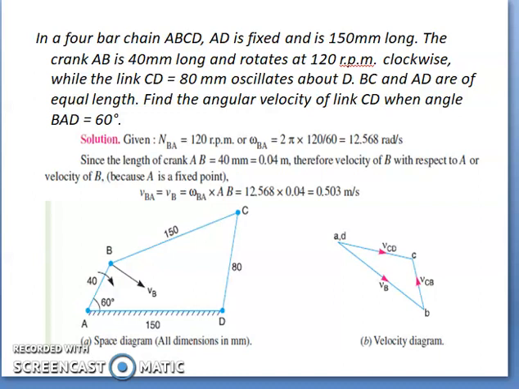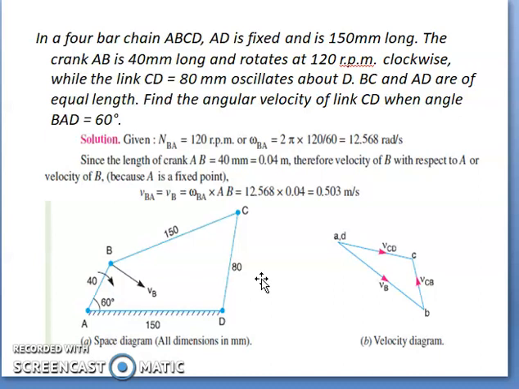In a 4-bar chain ABCD, AD is fixed and is 150 mm long. The crank AB is 40 mm long and rotates at 120 rpm clockwise, while the length CD is 80 mm and it oscillates about D. BC and AD are of equal length.